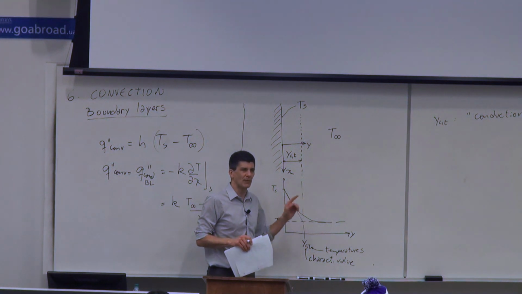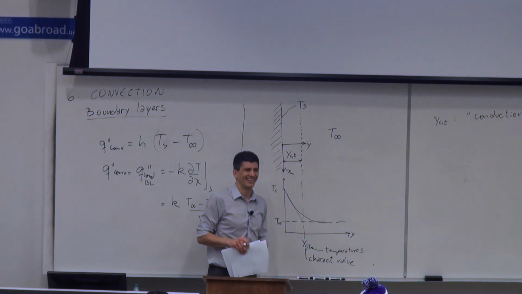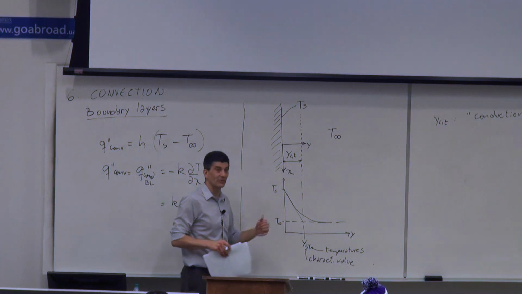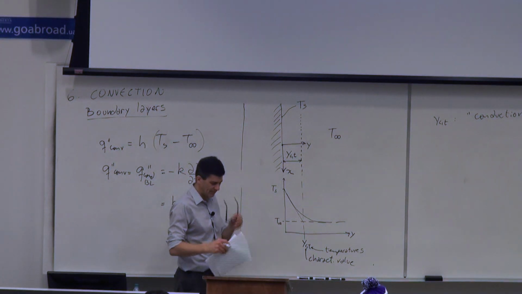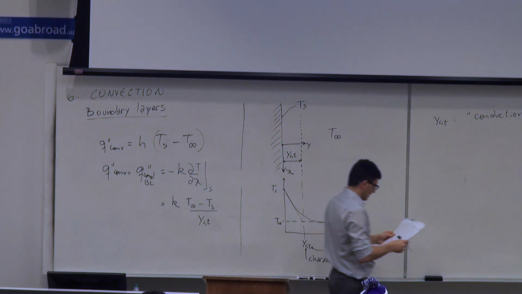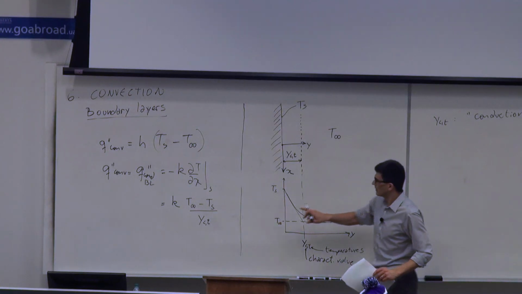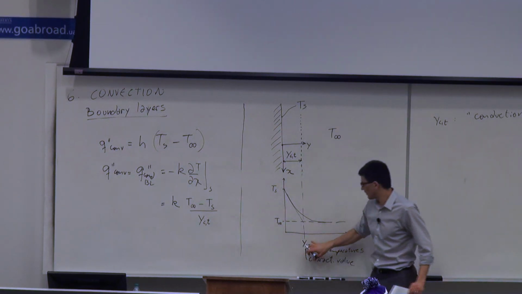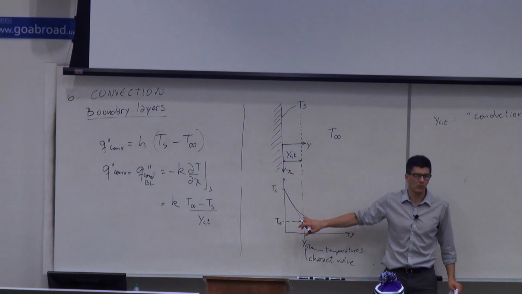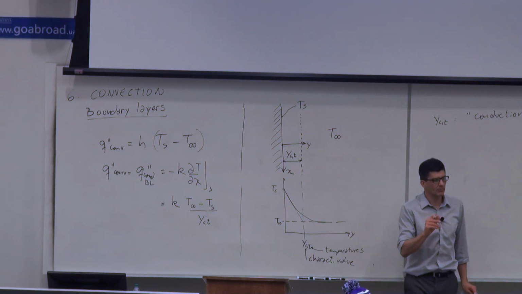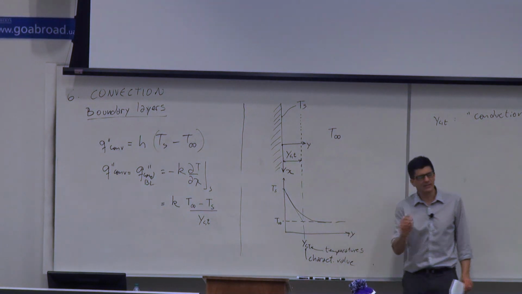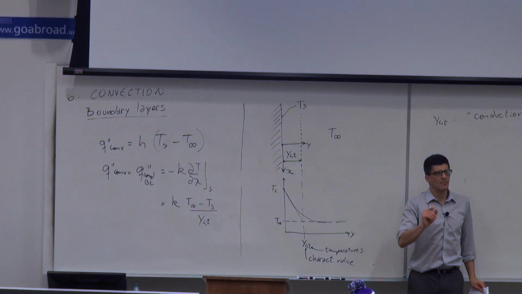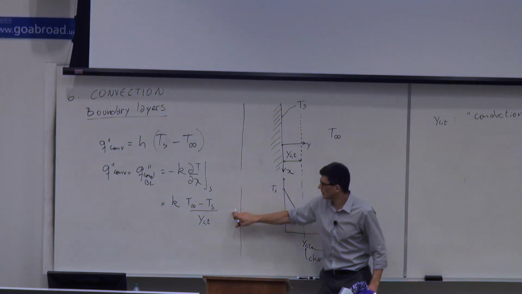It is the complementary error function. Isn't that funny? Because that's exactly what we were doing with the semi-infinite solid. Right? And now you realize that this is exact because I'm defining my y_ct using the slope, right? So this concept of y_ct, this conduction thickness, makes this calculation exact.